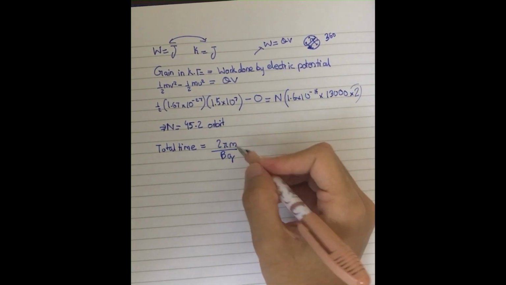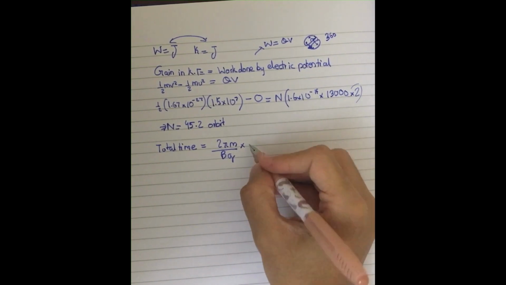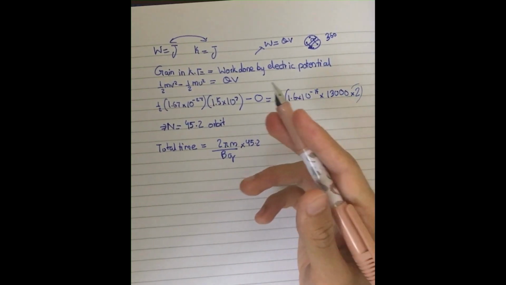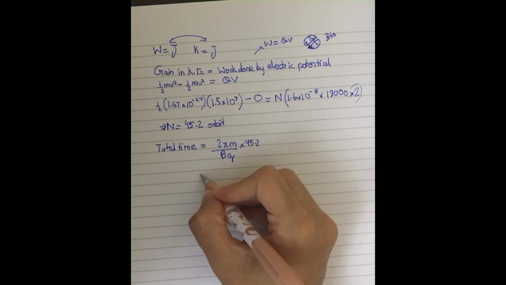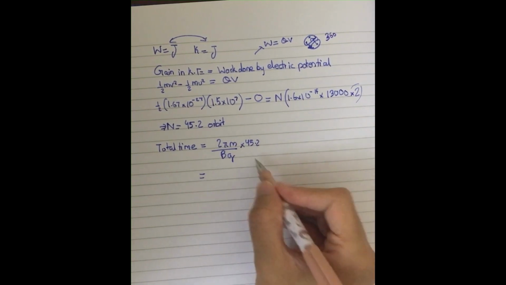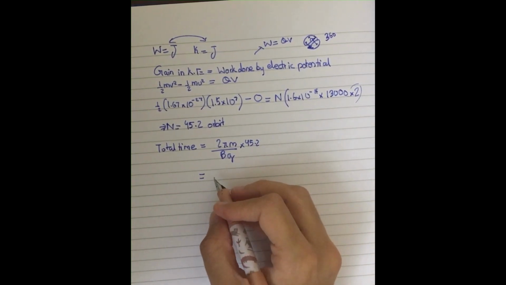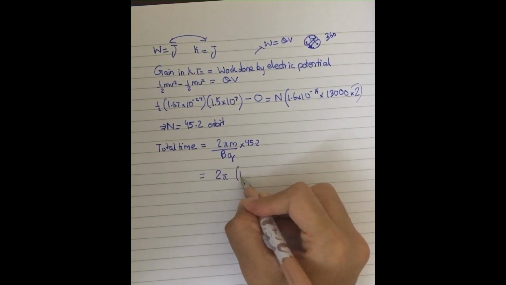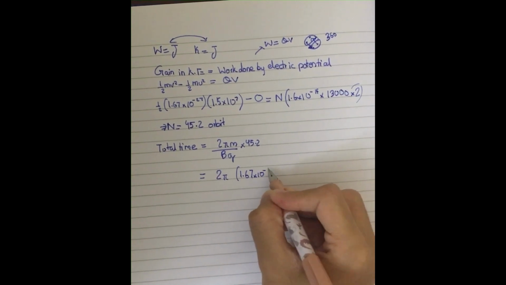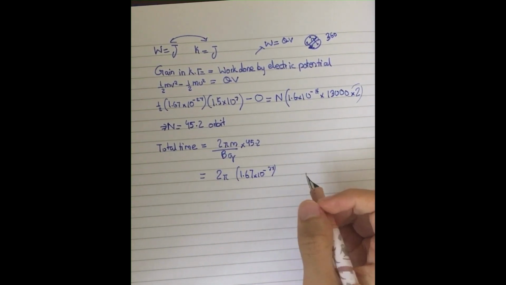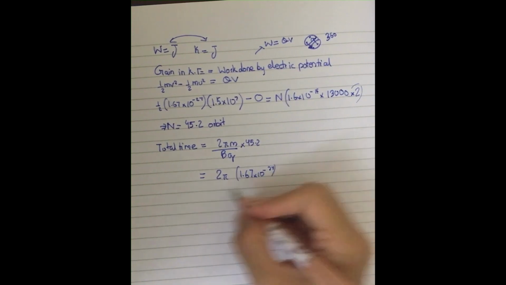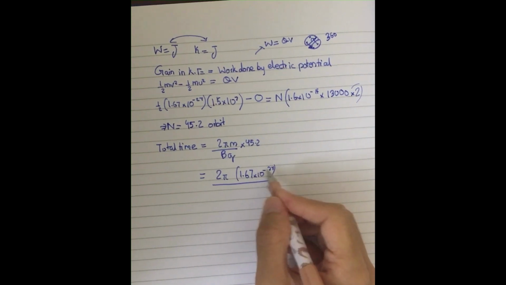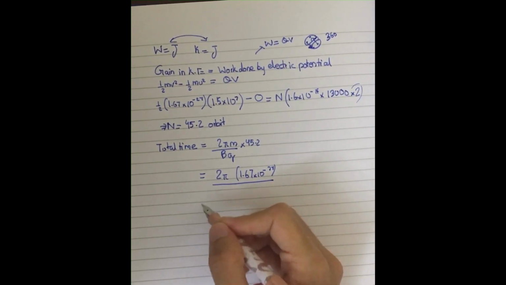We need to know the time for the whole set of orbits, how many times the particle rotated before it was launched out of the D. So for 45.2, you will input the values: 2 pi, and m is given at the end of your exam paper, 1.67 times 10 raised to power minus 27. This is the mass of the proton.